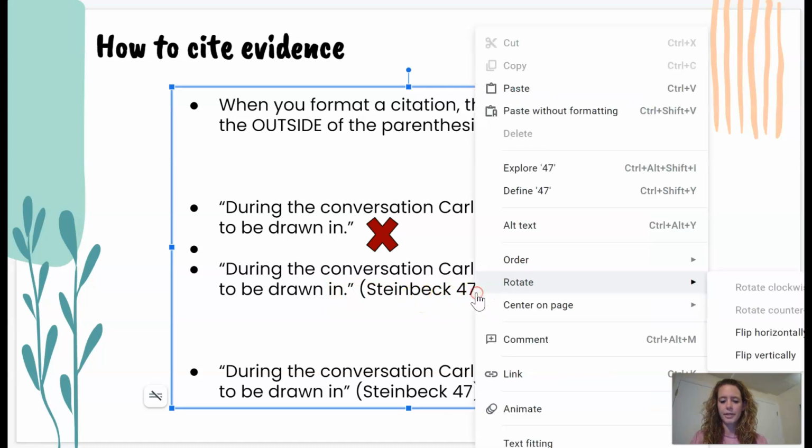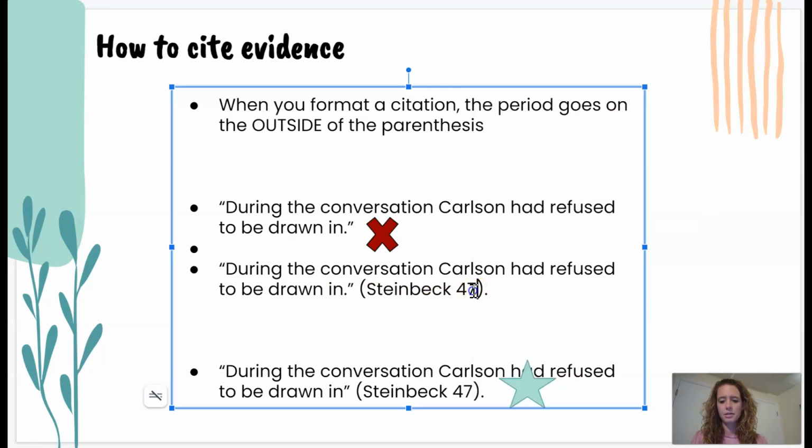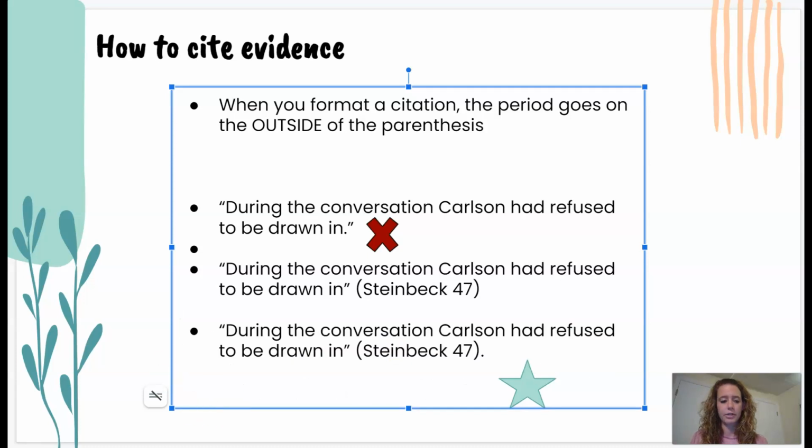We also don't want the period on the inside. Okay, that's also wrong. We don't want a period on the inside of the quote, a period on the inside of the parentheses, and a period here. These are all incorrect. Even though in the book there's a period after the word "in," we're not going to add the period until after the full citation. Okay, so that is a minor detail, but it's important to do it correctly.